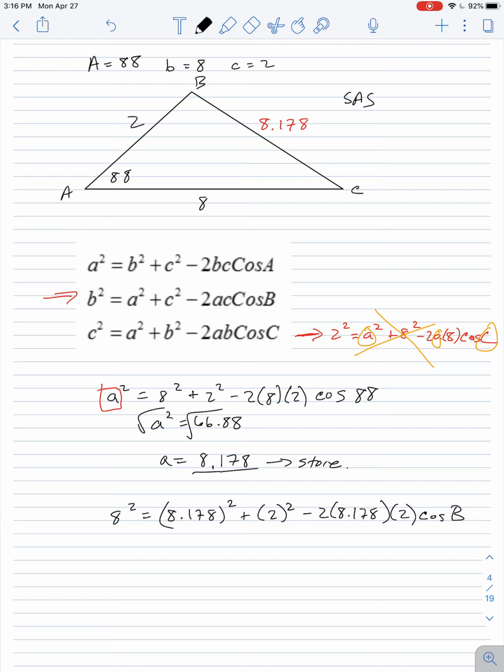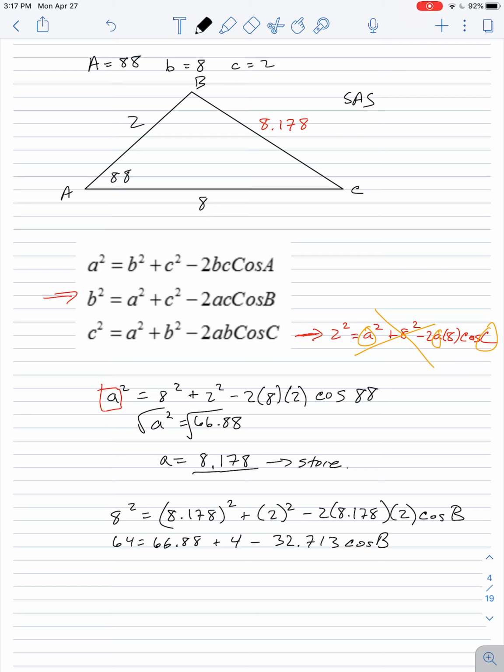Alright, let's go through this. 8 squared is 64. Now I'm doing my stored number squared. That's going to be 66.88. Okay. 2 squared is 4, minus 2 times my stored number times 2, and I get 32.713 cosine b.